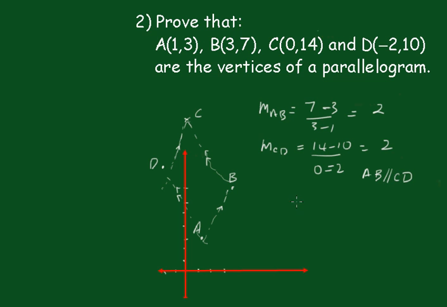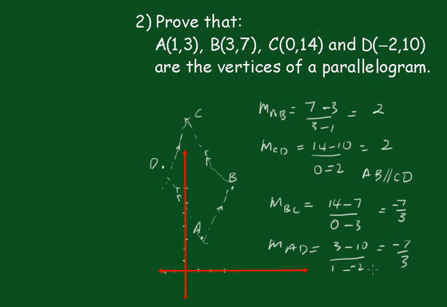And looking at the other ones, we see the gradient of BC is going to be 14 take away 7 over 0 take away 3, which is 7 on negative 3, or minus 7/3. And the gradient of AD is 3 take away 10 over 1 take away negative 2, which again is minus 7 over 3.